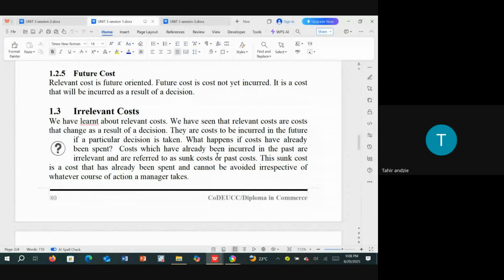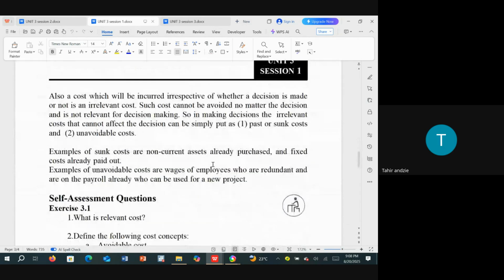Okay. The decision that has changed, after going to the station, is not affected by the taxi fare you paid. That is already a sunk cost, right? Also, a cost which will be incurred irrespective of whether a decision is made or not is an irrelevant cost. We also have committed costs.